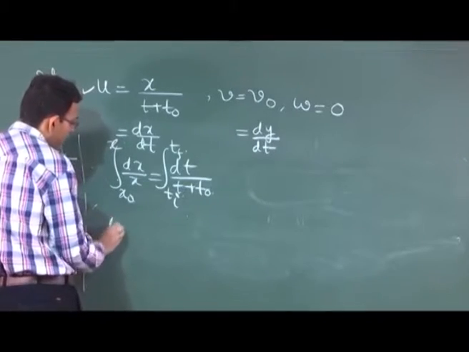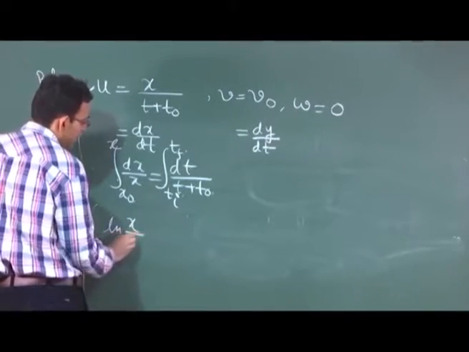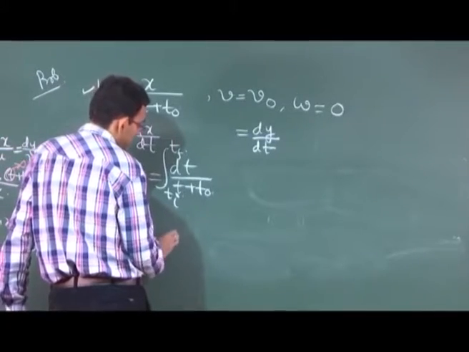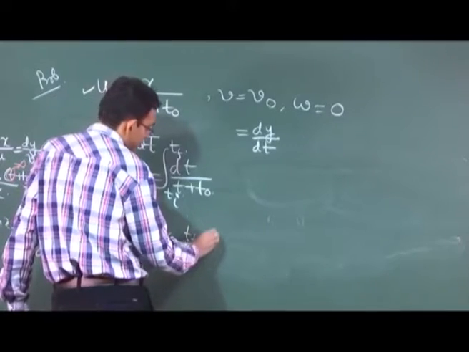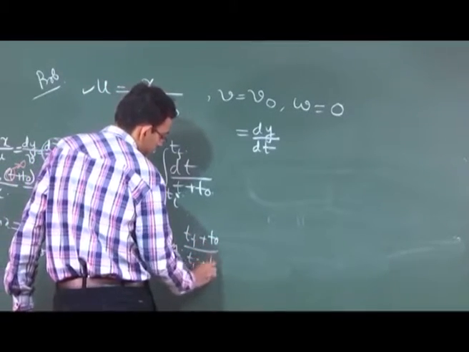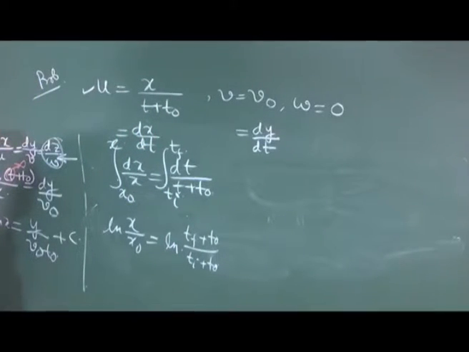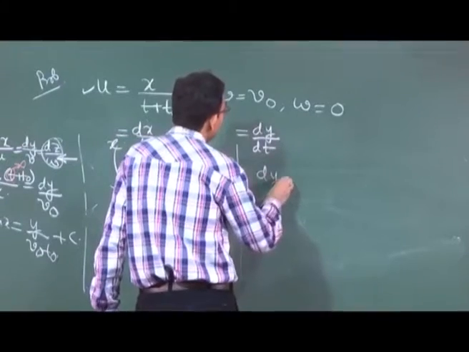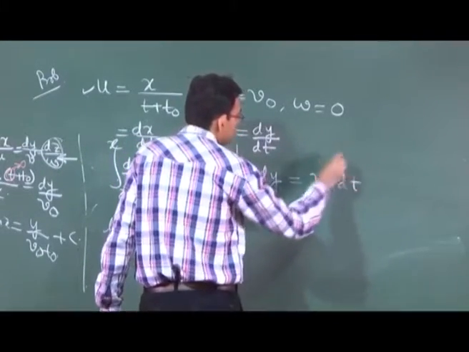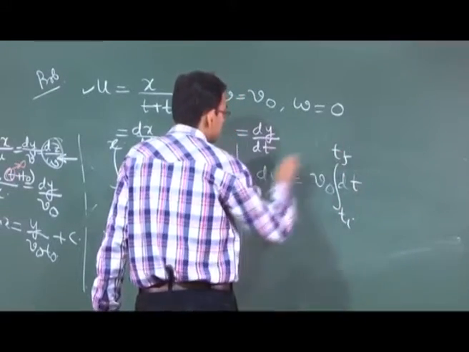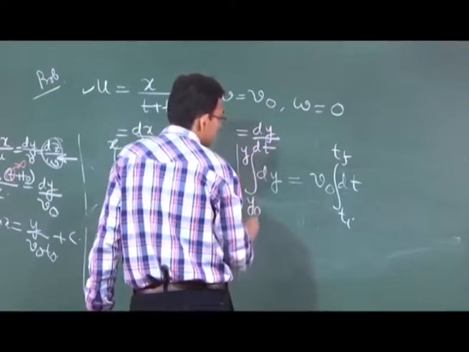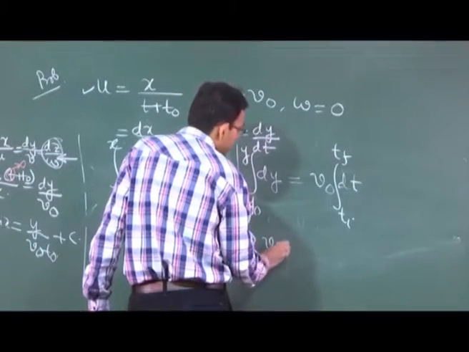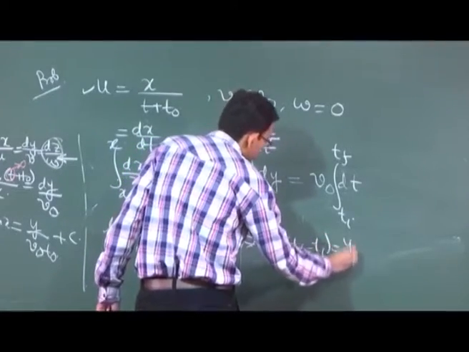So, you have ln x by x naught and from this part you have dy, so you have V0 into Tf minus Ti is equal to y minus y0.